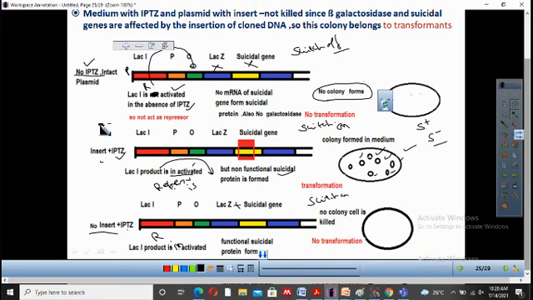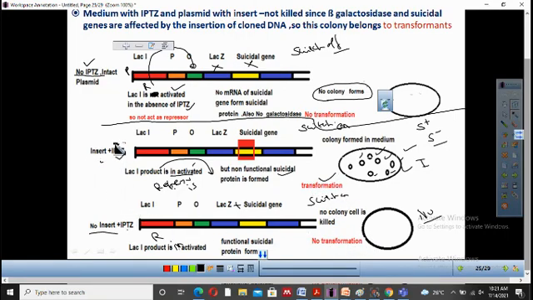So what you will see here, you can have these two experiments. When the colony is formed, then there is integration. This represents the transformation. And when there is no integration, no colony will be formed. So you can have the screening by these two methods. When the colony is formed, it is a transformant, and when no colony is formed, it is a non-transformant.